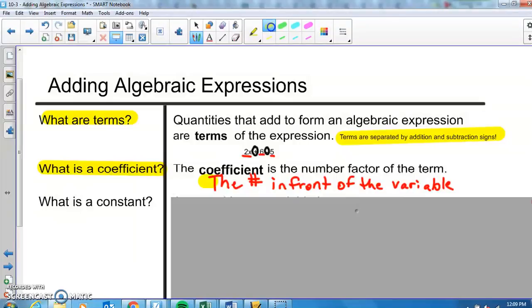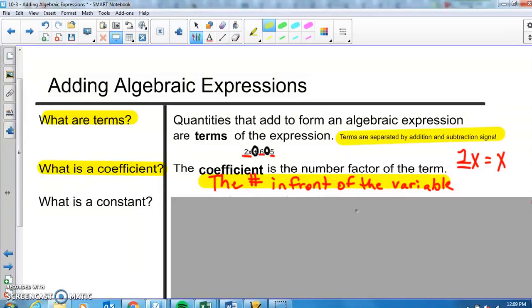And that's what I want you to have now. Coefficient is the number in front of the variable. If a variable does not have a number in front of it, it's understood to have a coefficient of 1. For instance, if we have x, our coefficient is understood to be a 1. Okay? So 1x is the same as just x.